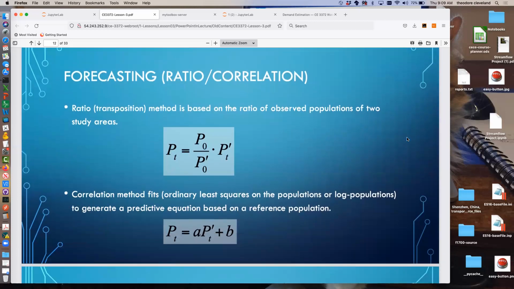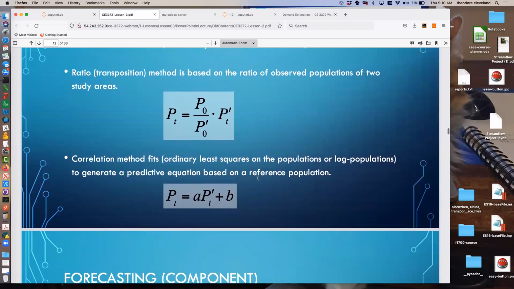There's another technique called ratio correlation, which I think is the area equivalent of what was just done up there in those graphs. You look at the observed populations of two study areas, and you make your projection based on the amount in your current population compared to your comparative area.